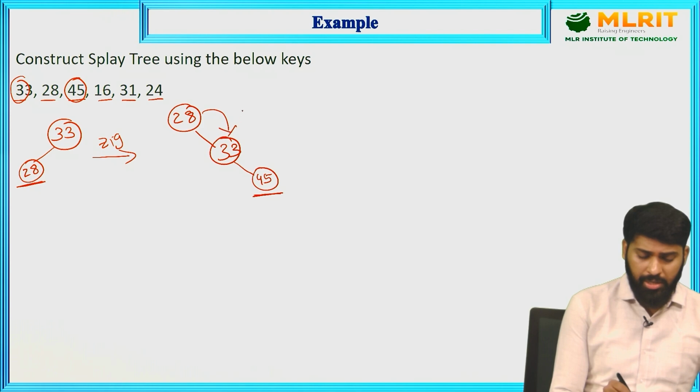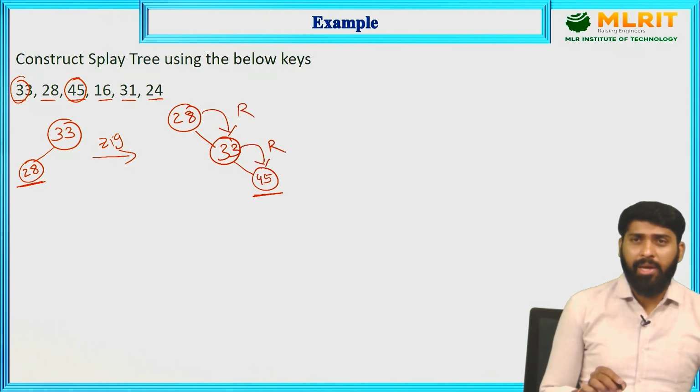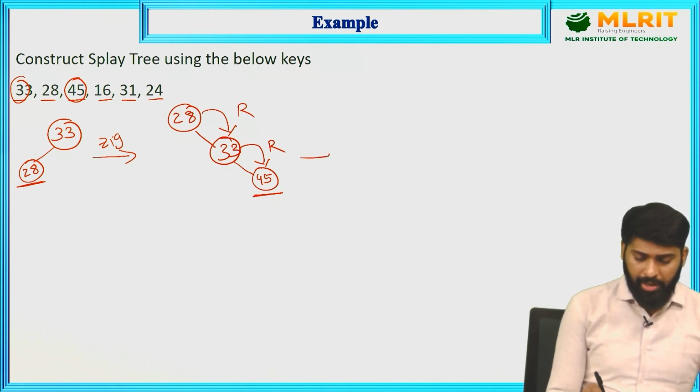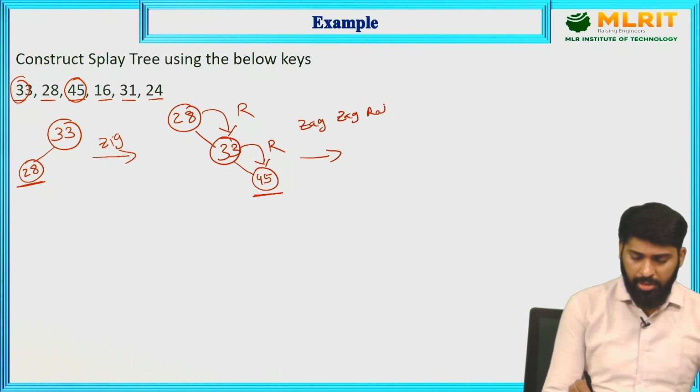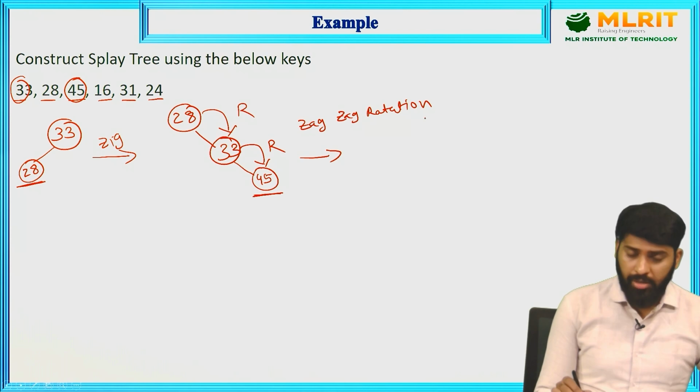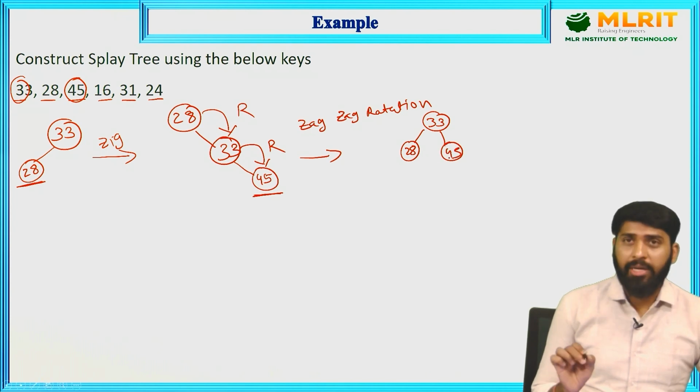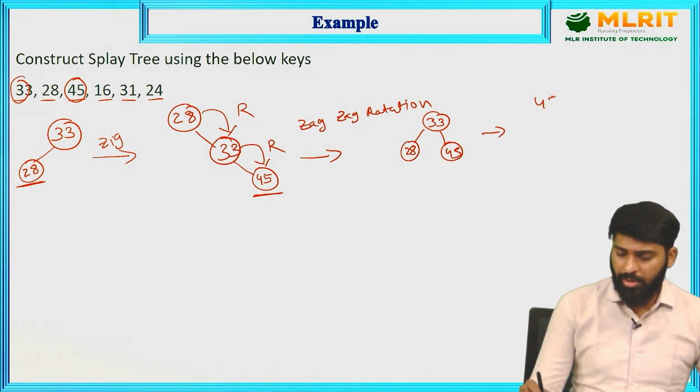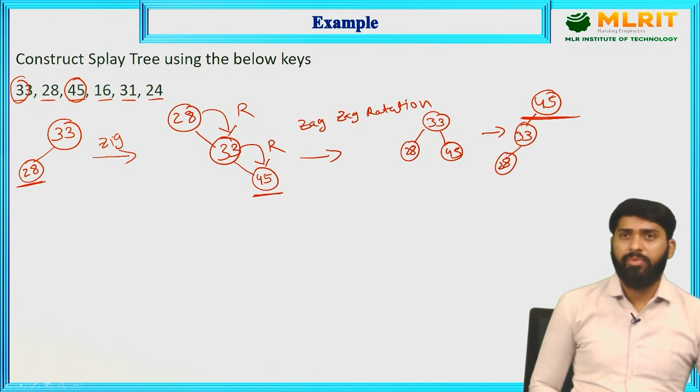This is right-right, so we apply two left rotations, a zag-zag rotation. In the first zag rotation it becomes 33, 28, 45. In the second zag rotation it becomes 45, 33, 28. Now, 45 is the root of the tree.